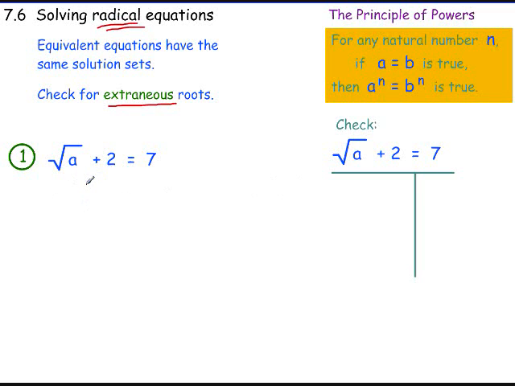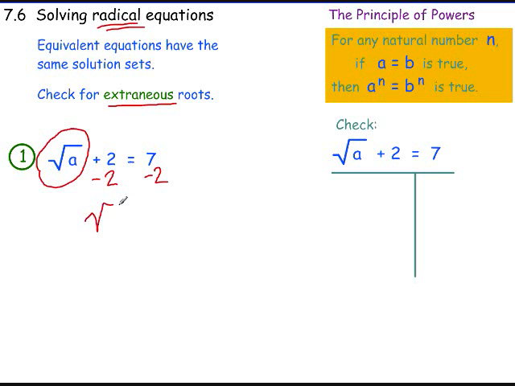So we're going to try to solve this equation here. We've got the square root of A, and with all radical equations, we're going to try to isolate this. Right now, it has a 2 added to it. We're going to do the opposite operation to get the square root of A by itself. We'll subtract 2 from both sides.